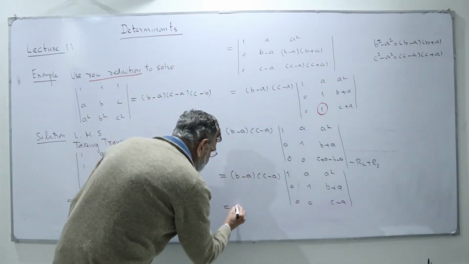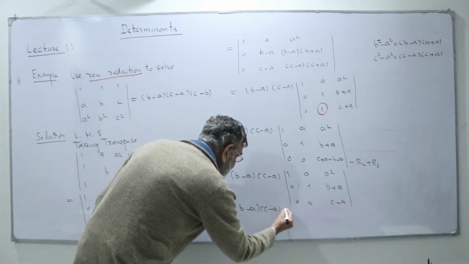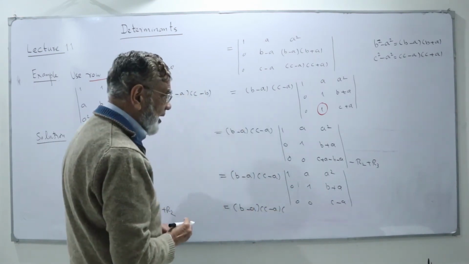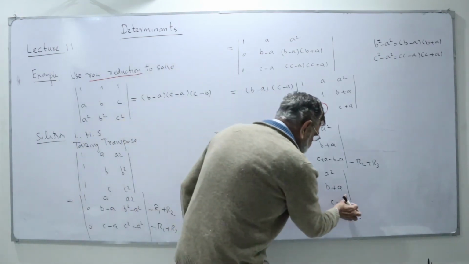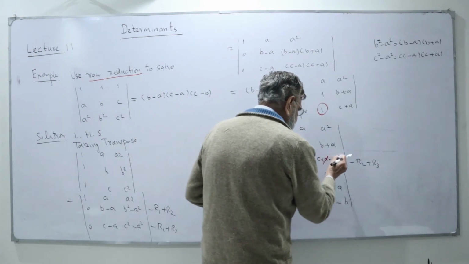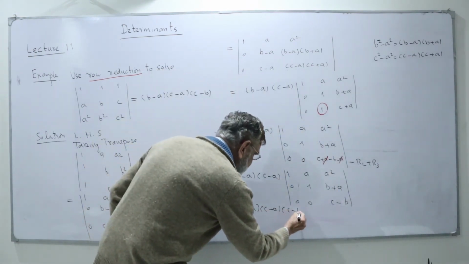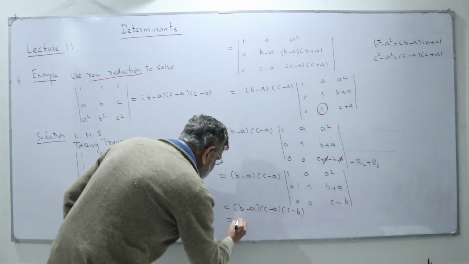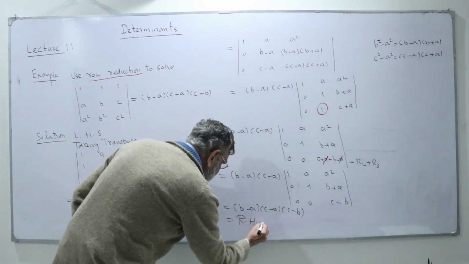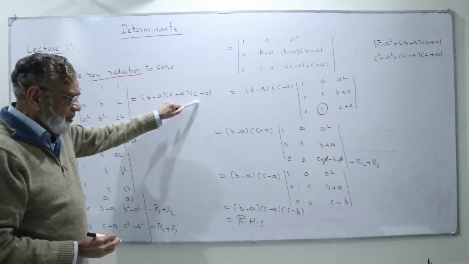That will give me B minus A, C minus A, and C minus B, because the A and minus A are cancelled. I get C minus B, and that's our right-hand side. We check this one: B minus A, C minus A, C minus B.